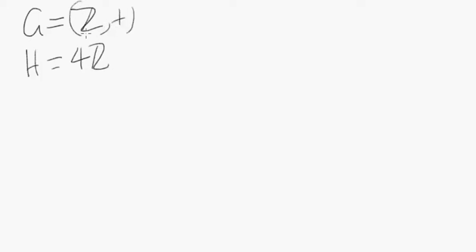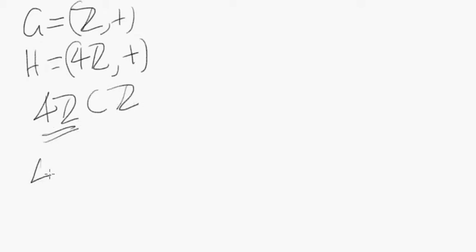That's a group. Please verify that if there's confusion. And then 4Z is also a group. And since 4Z is a subset of Z and 4Z is a group, it's the case that 4Z is a subgroup of Z, under the same group operation, of course.